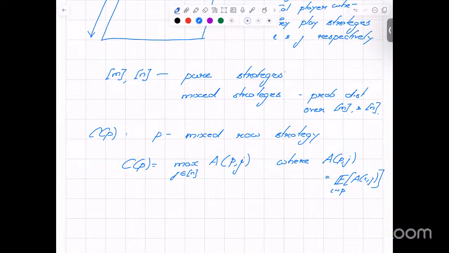The row player will play a P that minimizes this quantity, a mixed strategy which is the minimum of C(P).